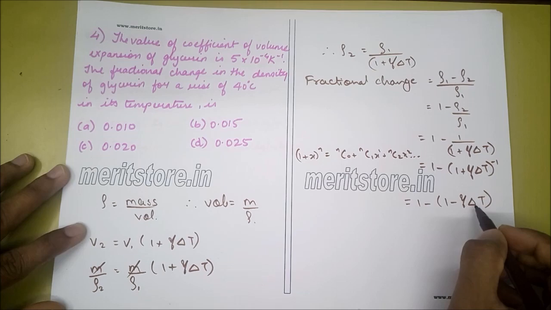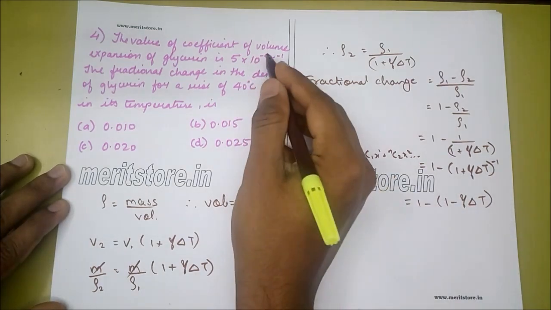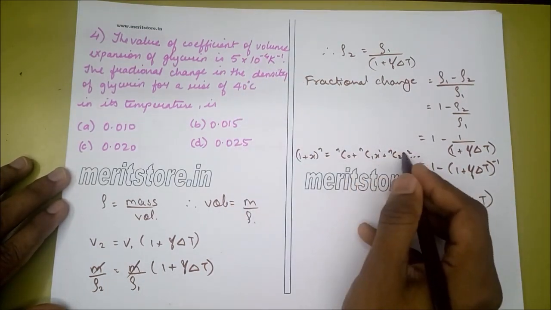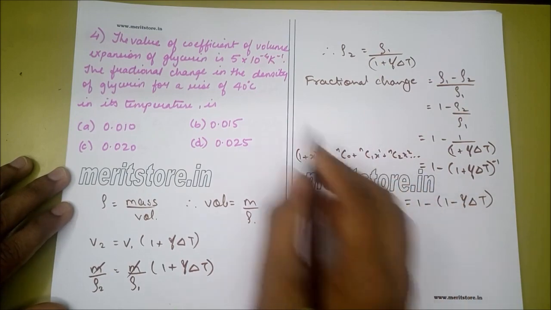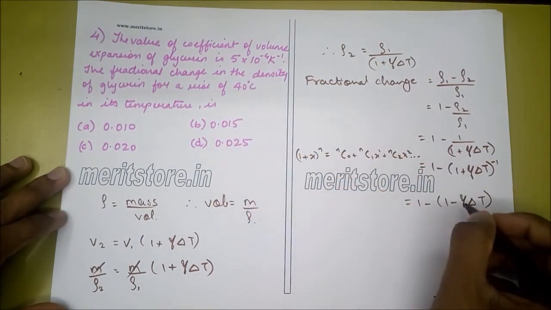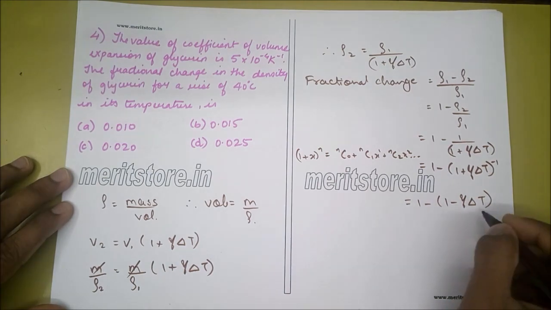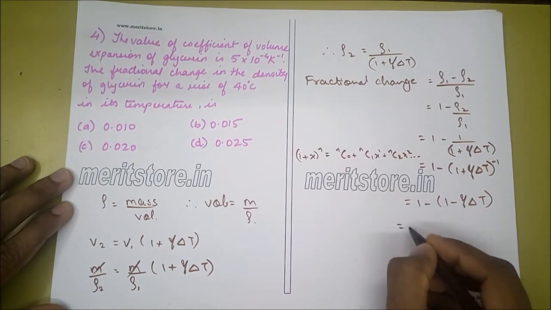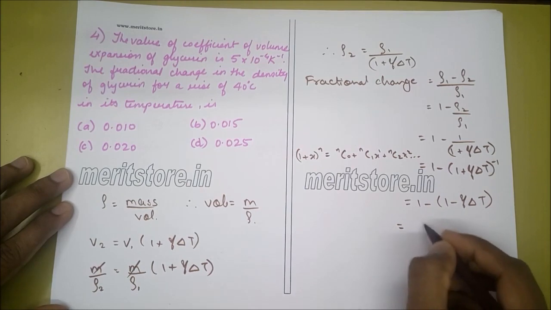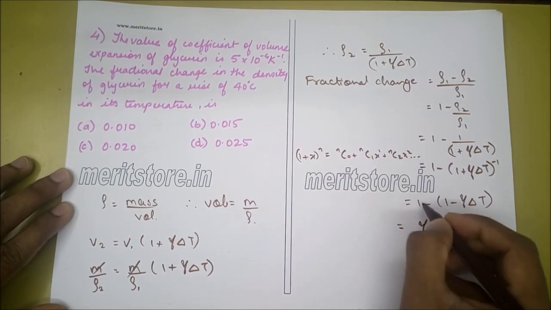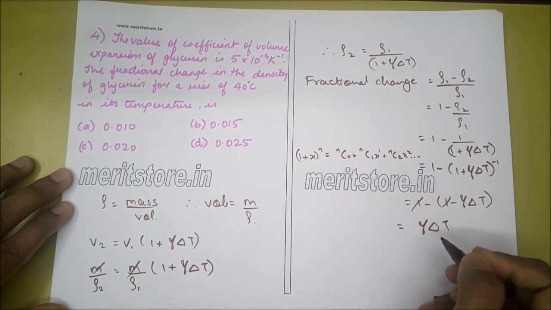Since the value of gamma is 10 raised to minus 4, when it goes into the square term it would go 10 raised to minus 8 and that can be neglected. So we take only the first term. So now this expression is simplified as gamma times delta T, with the 1 and 1 gone.